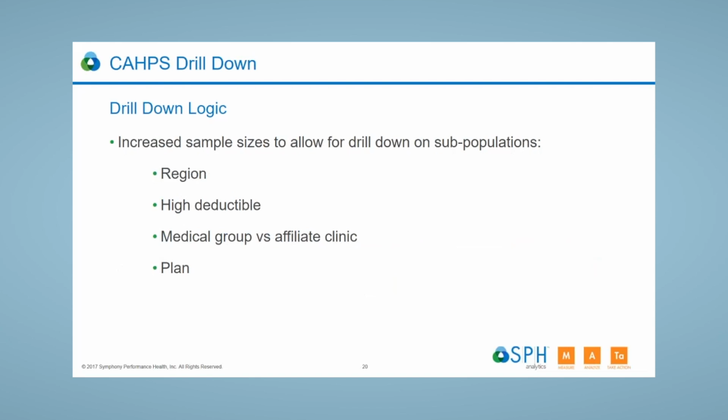When we did the drill down logic, we also wanted to be able to segment the population into subpopulations so we could, again, be more specific about where and how we needed to improve our survey results. So we increased the sample sizes to allow us to try to get 50 respondents per cell. For example, we have 6 regions in Utah, so we wanted enough respondents that we could look at the satisfaction across our service area broken down by region.